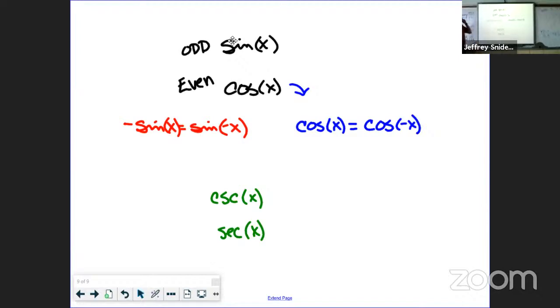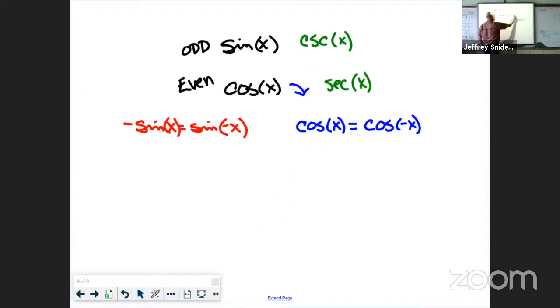What do you guys think? Yeah. Cosecant is odd. You think that this is going to go up here, and this is going to go up here. Why do you think that?